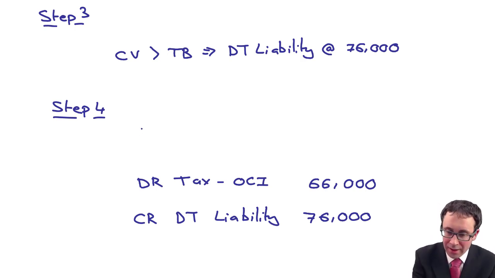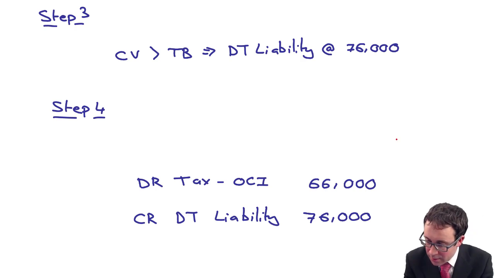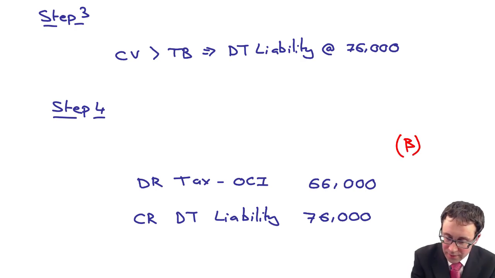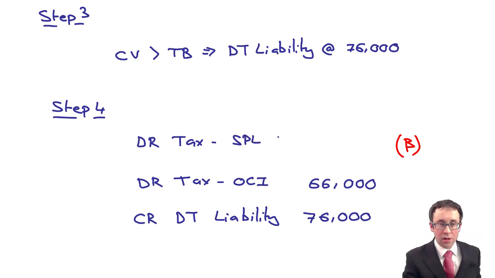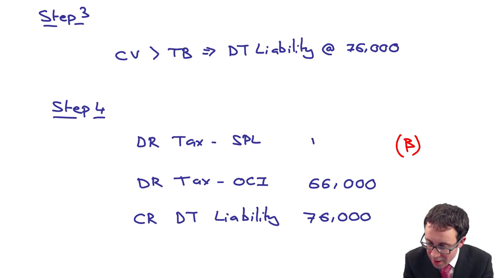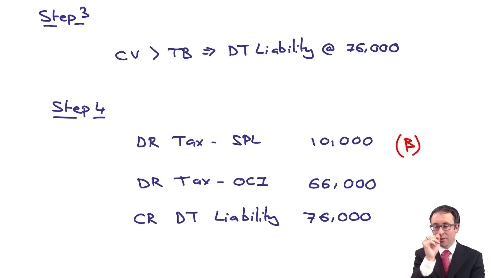And that clearly doesn't balance. So we need to put in a balancing figure. So that balancing figure is a debit to tax through your statement of profit or loss, which I think is that there as 10,000.